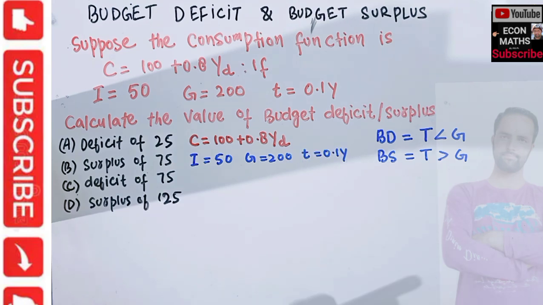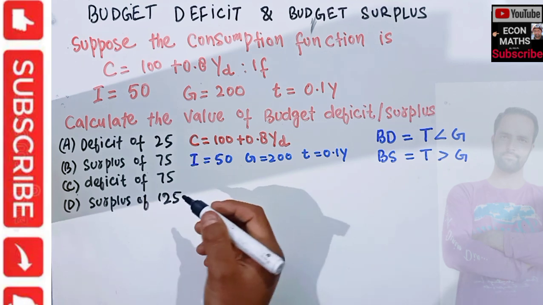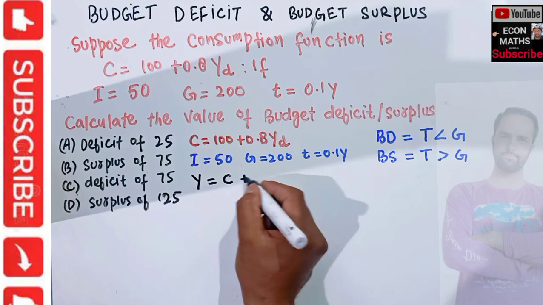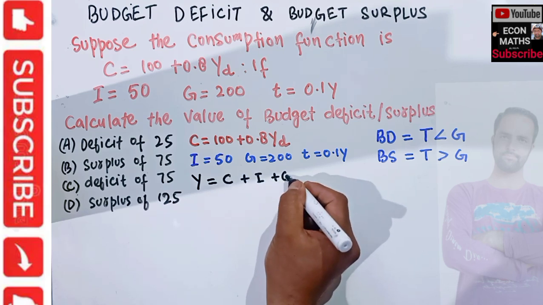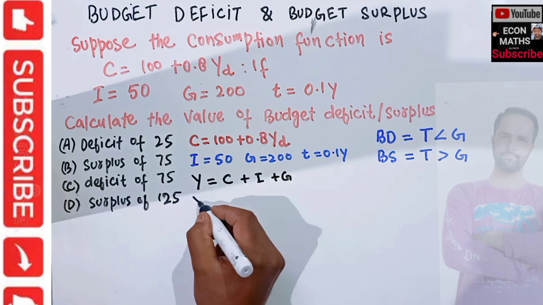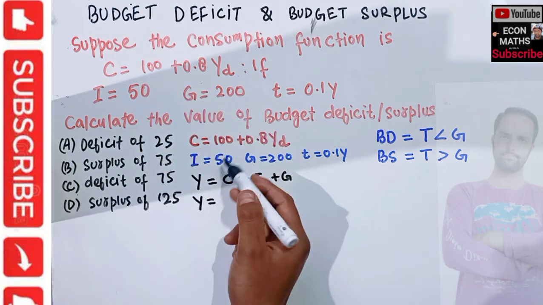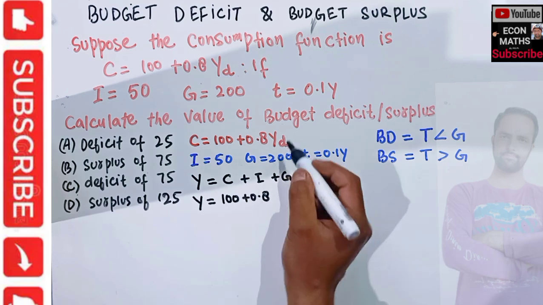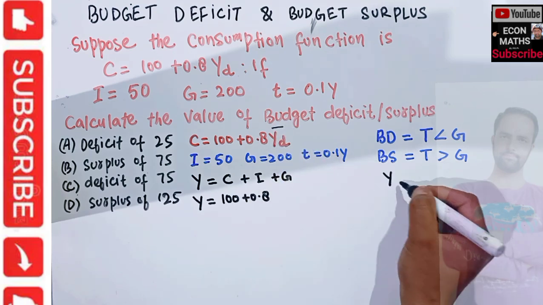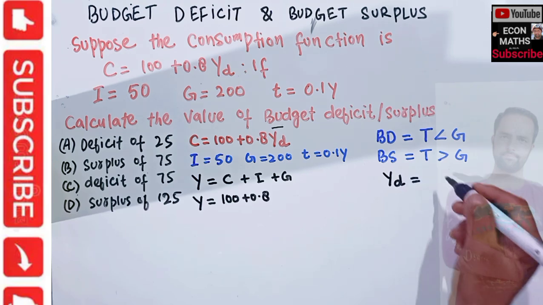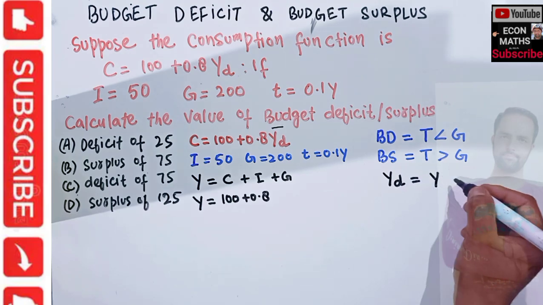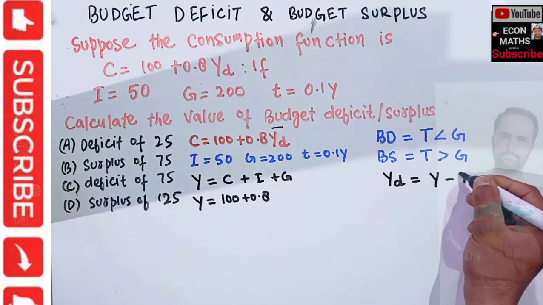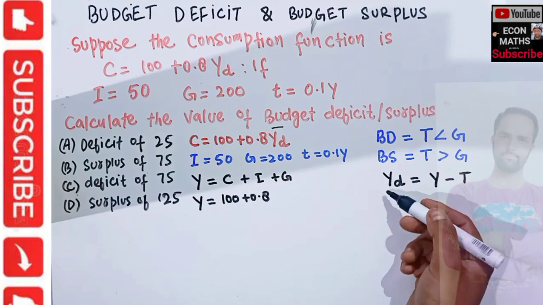First we need to find the equilibrium level of income. Our total income should be equal to consumption expenditure plus investment expenditure plus government spending. So Y = 100 + 0.8 Yd + 50 + 200. What is Yd? It is disposable income: when we subtract taxes from total income, we get disposable income.